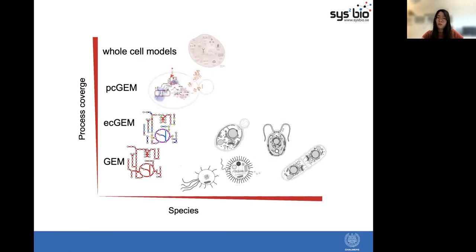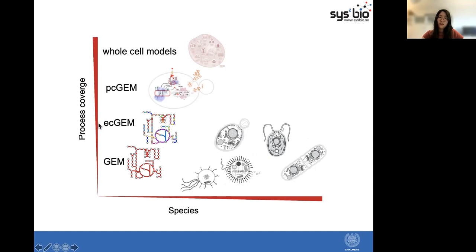Ever since the publication of the first GEM in the 90s, the development of GEM has been split in two directions. The first is in the species number. So we apply the GEM method to more and more species, from bacteria to fungi, yeast, and even to human cells.